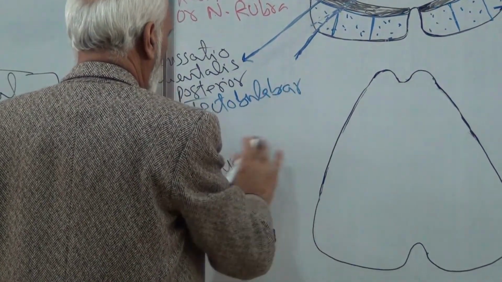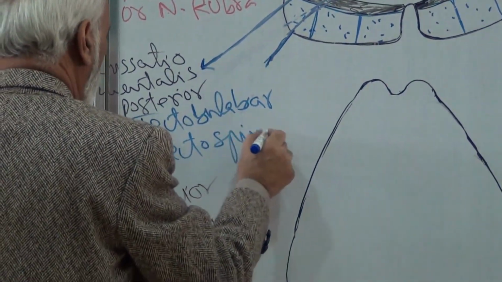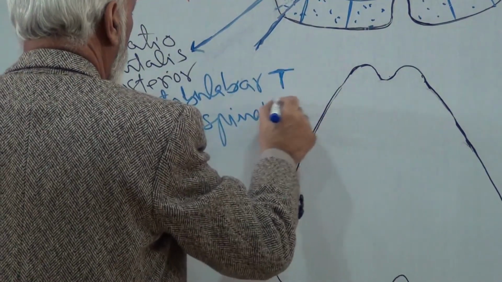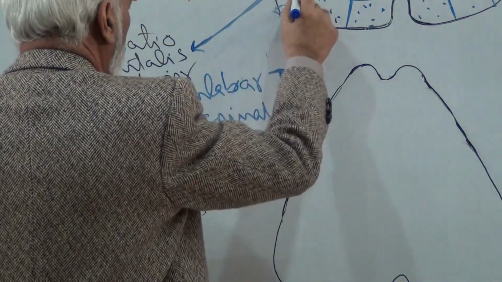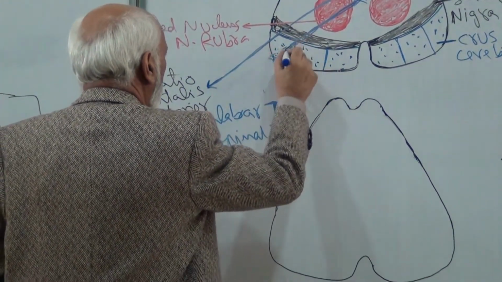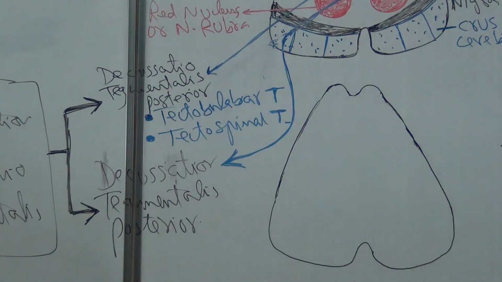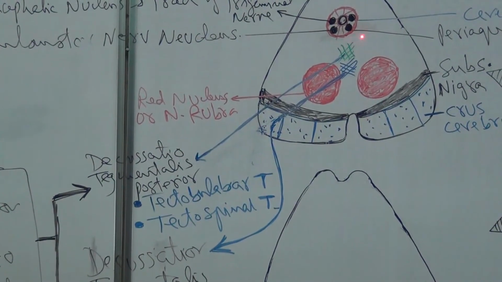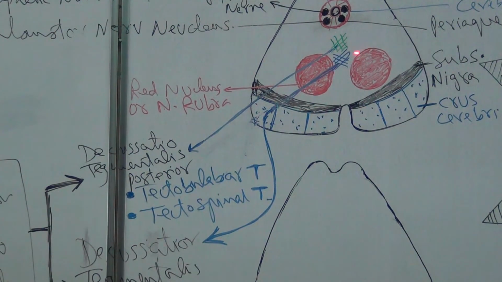So through this tegmental decussation, dorsal part, posterior part, that is called the decussatio tegmentalis posterior, there is decussation of two tracts, tectobulbar and tectospinal tracts.